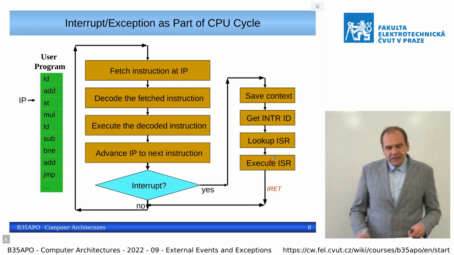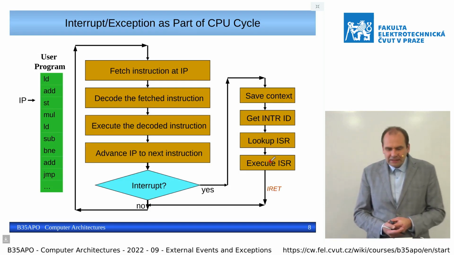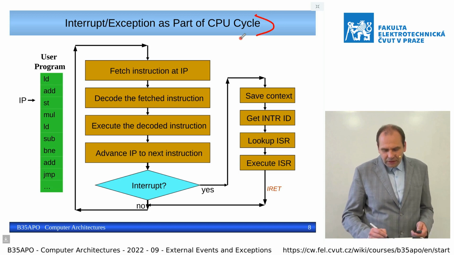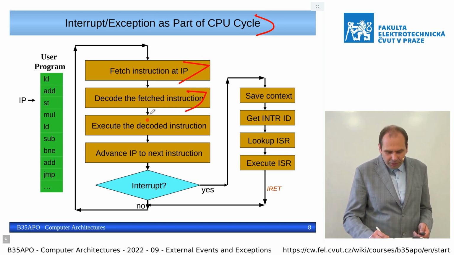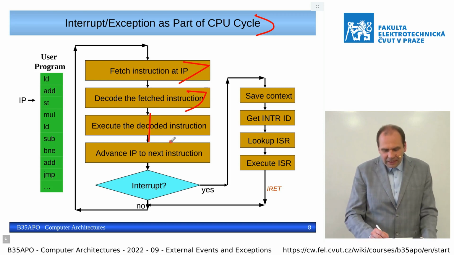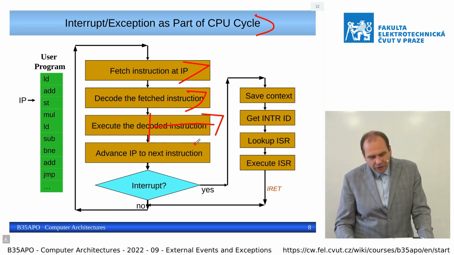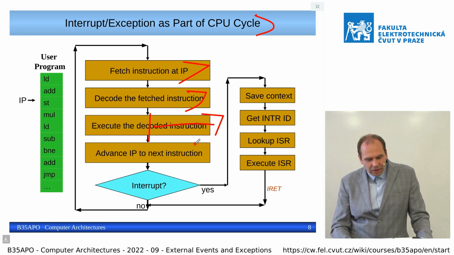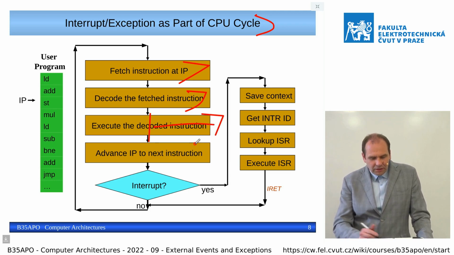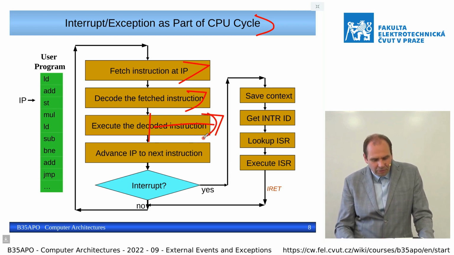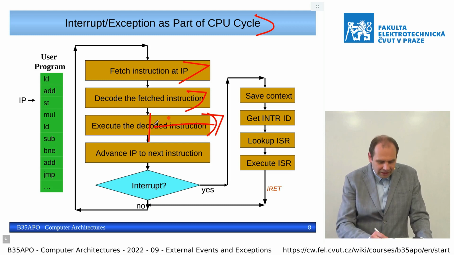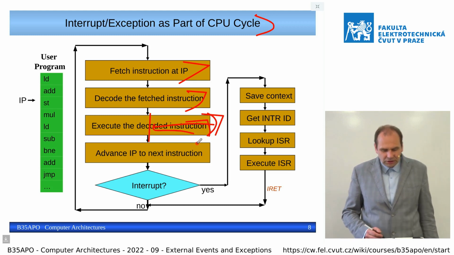Okay, so we return back to our basic CPU cycle, and we have said that there is instruction fetch, then we decode the instruction, process the instruction. Maybe there can be an exception, for example, division by 0 or access of an address which is not mapped and so on. So it can be an internal exception from the instruction, synchronous.